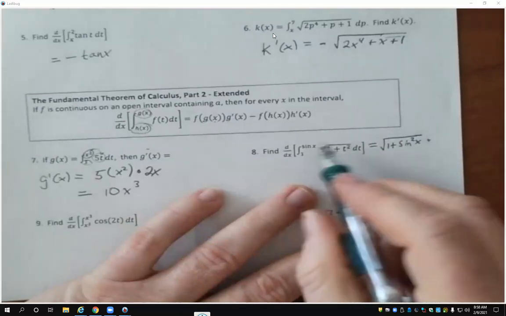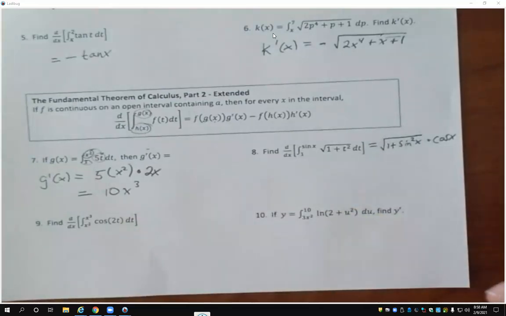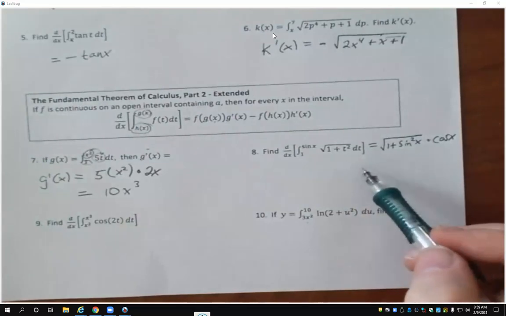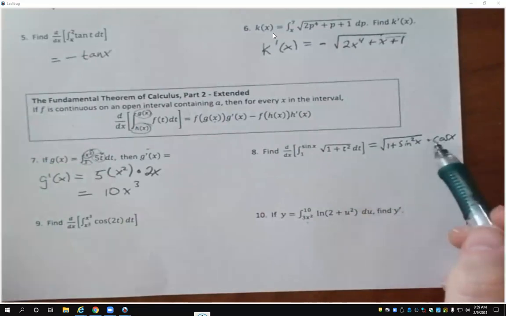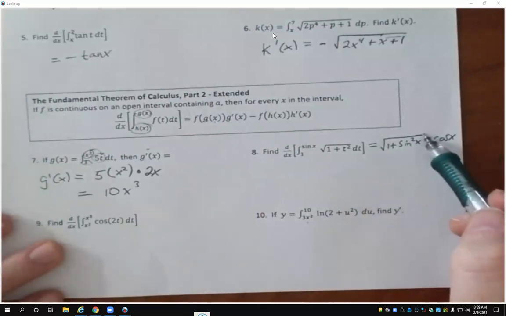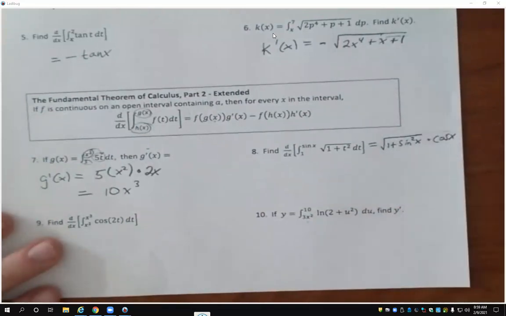Chain rule, the derivative of sine is cosine x. And it probably is more typical to write that cosine out front and say cosine x times the square root of 1 plus sine squared x, just because we don't want to accidentally draw that radical over this whole thing. But it's not wrong if you wrote it in that form.